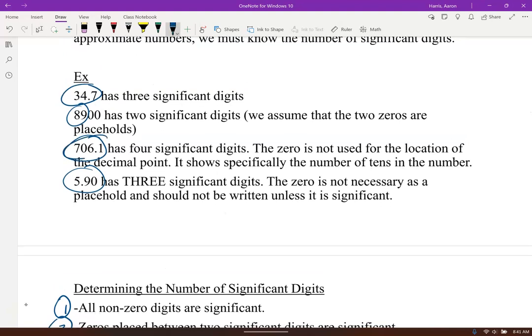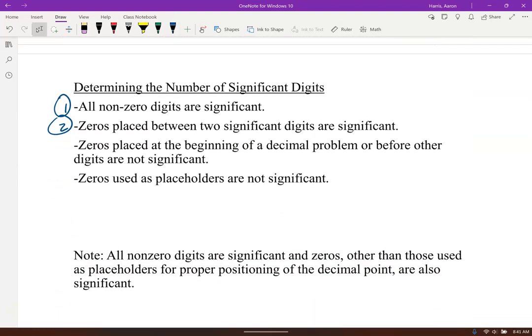For example, with 706.1, the 7, 6, and 1 are non-zero, so those are definitely 3 significant, but the zeros between them mean this actually has 4 significant digits.